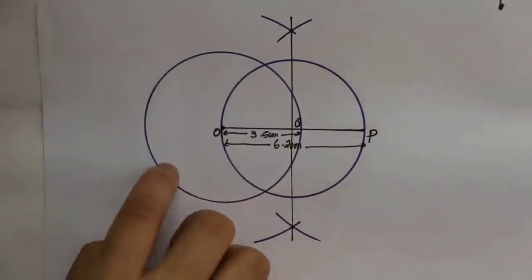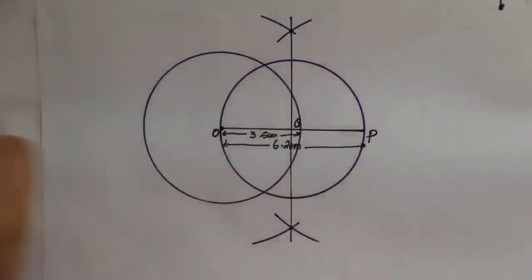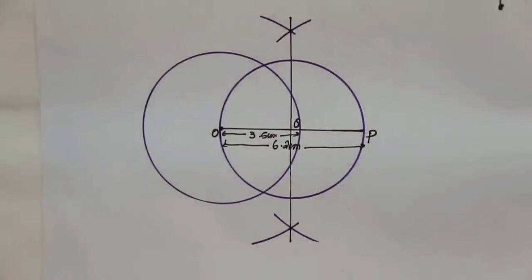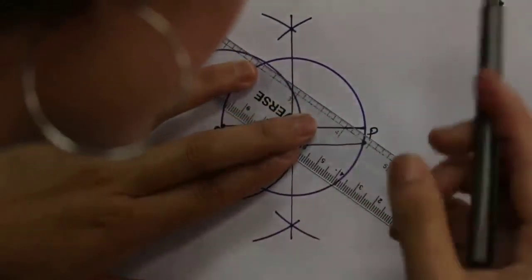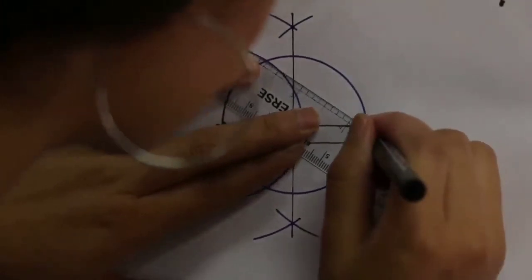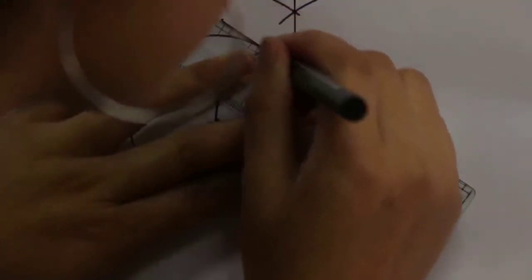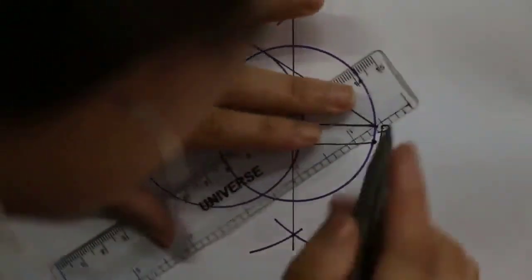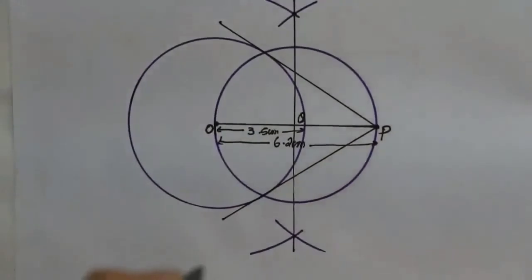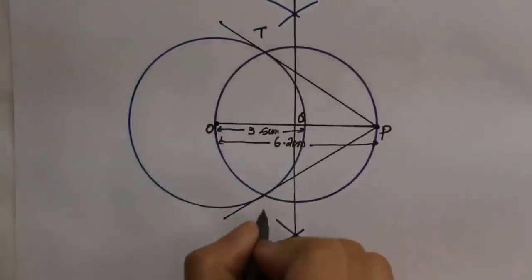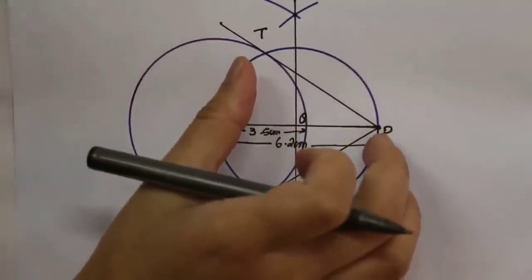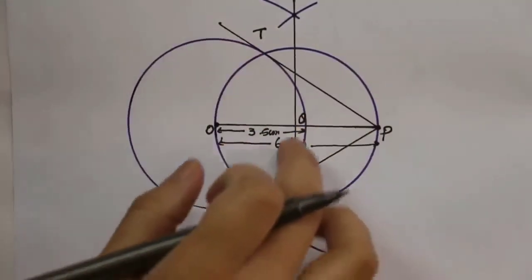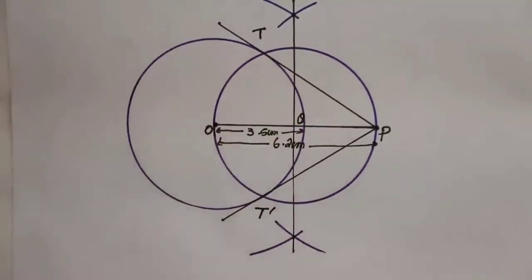So you join P with these intersections. Join them. From below also you join. You call this one T, this one T prime. So now you have got the required tangents PT and PT prime to this circle of radius 3.5.